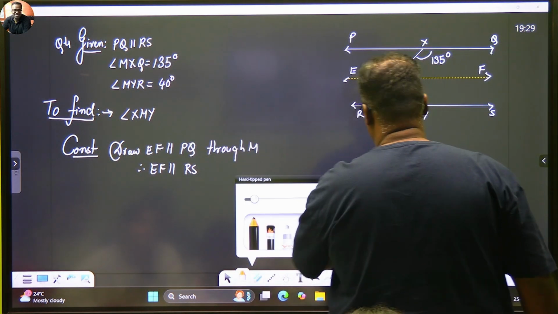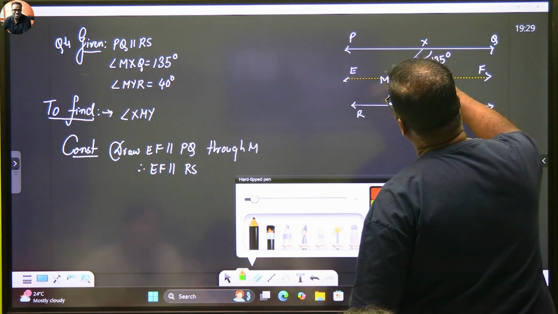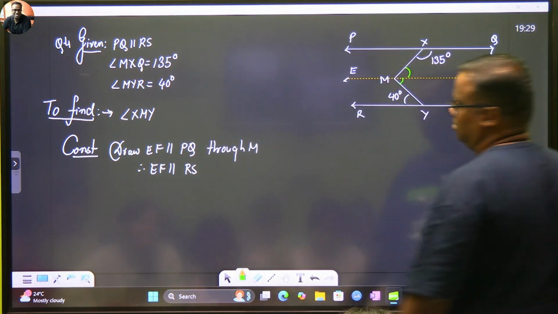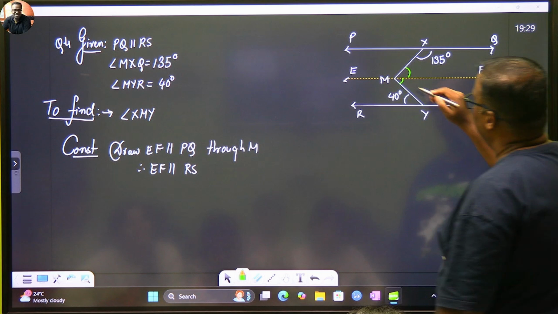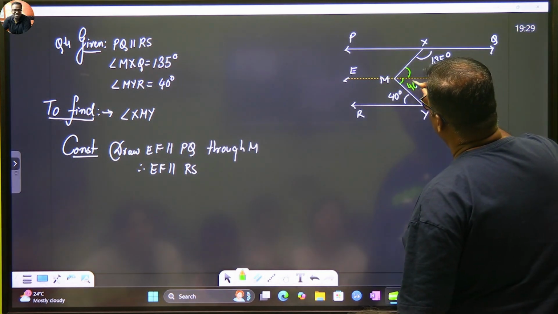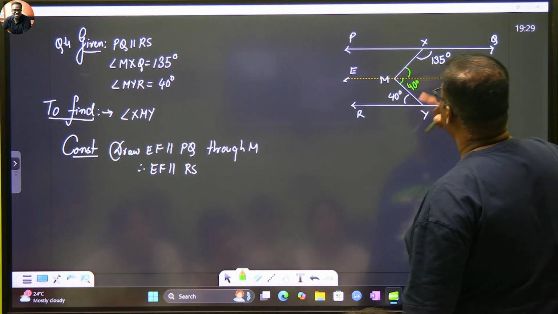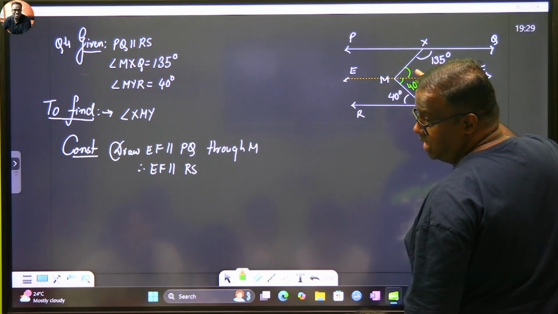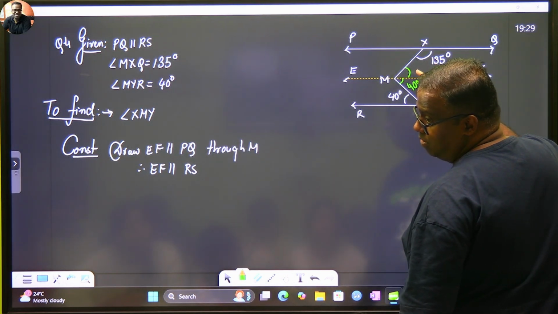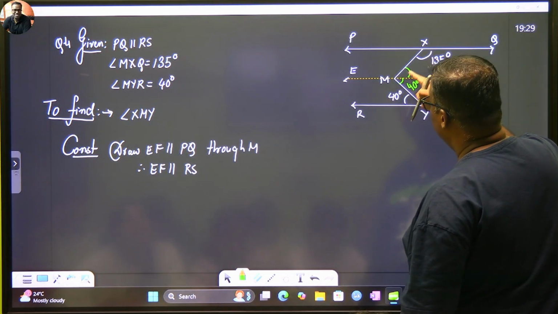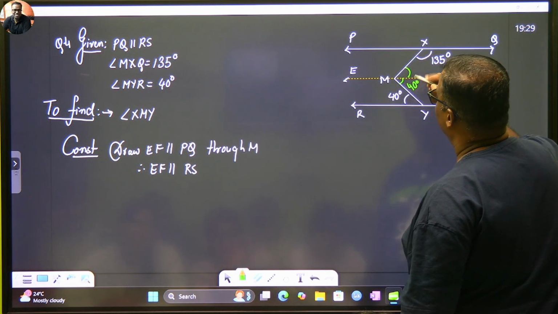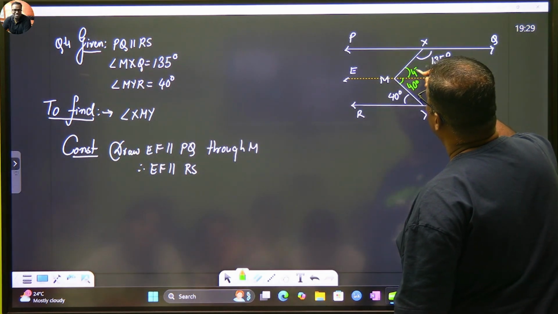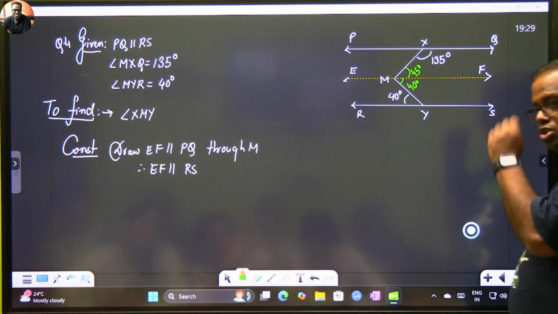XMY as an angle is born out of the addition of two angles out here. So if this is 40, this angle has to be 40 by alternate interior angles. And if this is 135, this angle should be 45. Consecutive interior angles are supplementary. So this has to be 45 degree. Have you understood this logic or not?